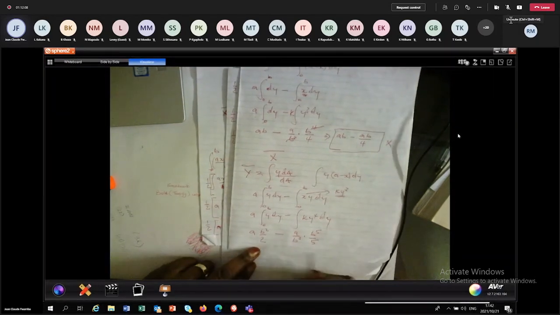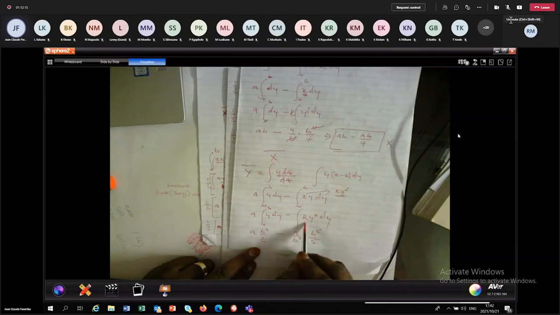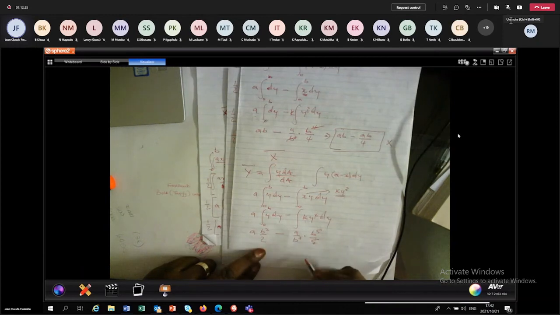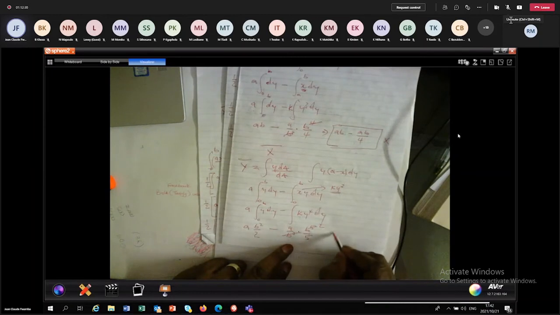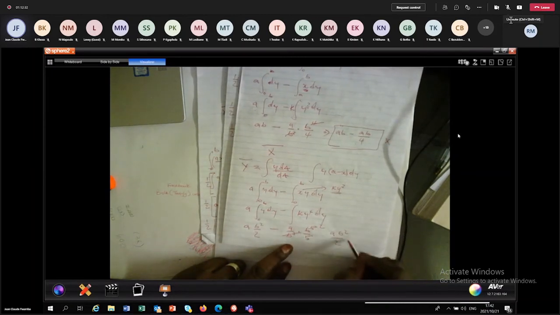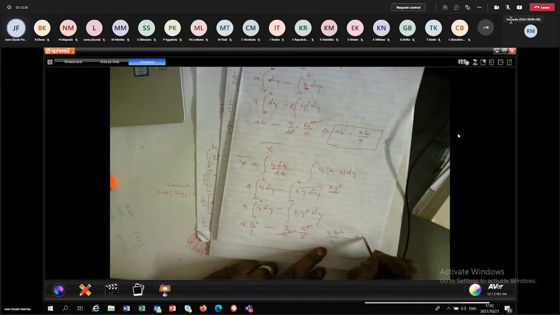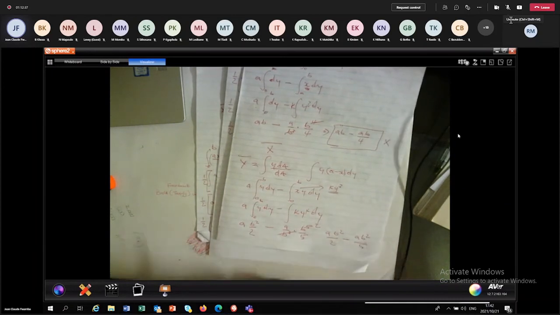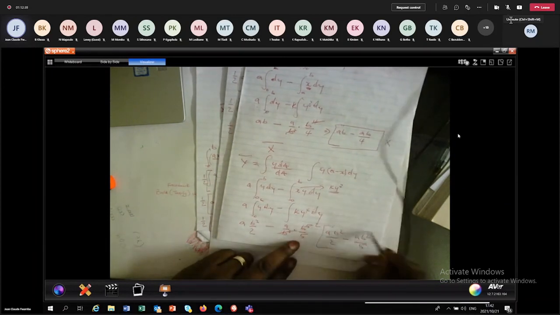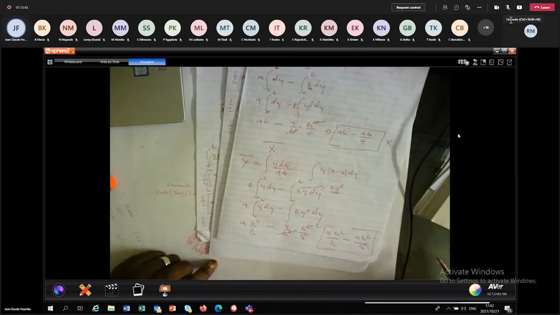Did I do the right thing there? k is a over b cubed, the constant which I've pushed in, and then integrating y to the 4 gives me this. So one can do this, 2 and 2. It will be ab squared over 2 minus ab squared over 5. So that will be your numerator on the y bar.